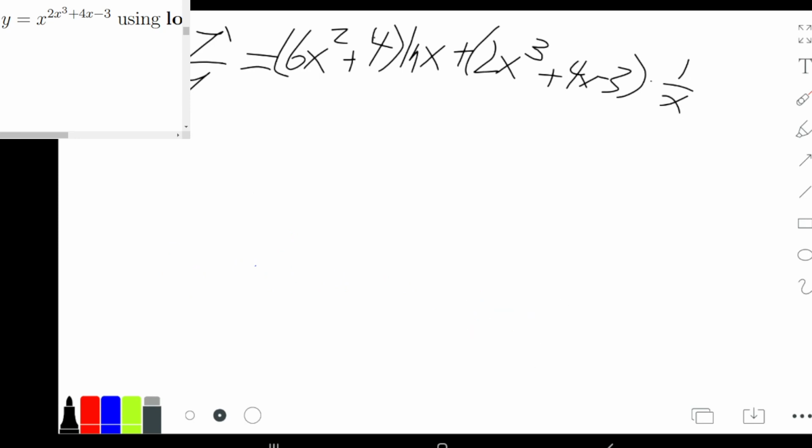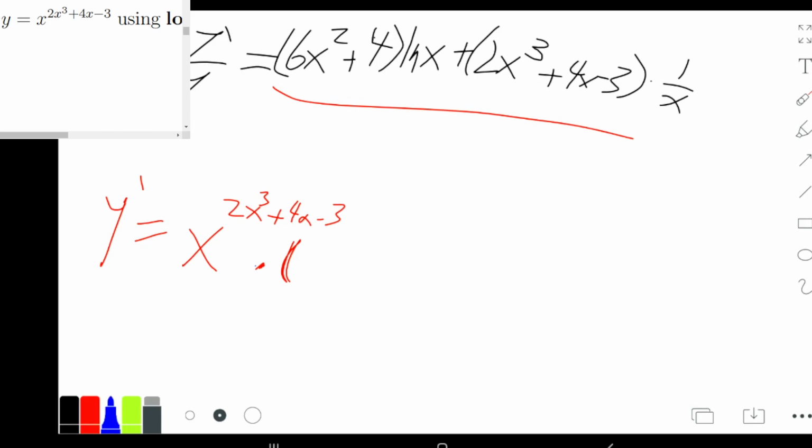We multiply both sides by y, and we get that y prime is equal to y, recall, which is x to the 2x cubed plus 4x minus 3, times 6x squared plus 4 ln x plus 2x cubed plus 4x minus 3 times 1 over x.